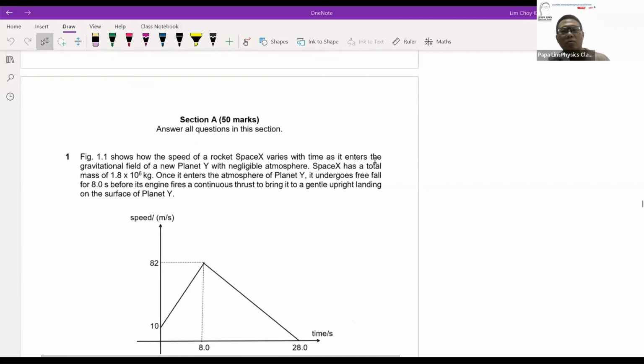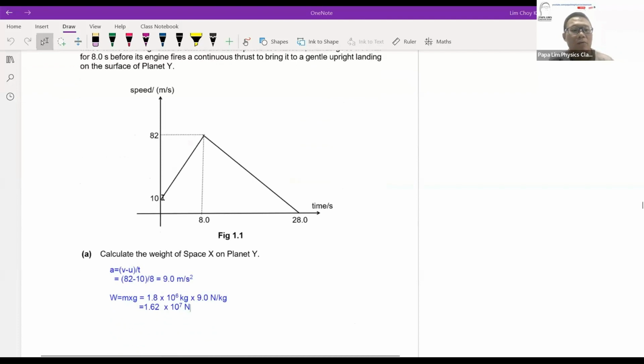Now, question 1 here, you have a particular rocket, SpaceX, landing on a planet Y. Take note, this is planet Y, not our usual Earth, where the gravitational field strength g is 10 Newton per kg. What we are looking at for part 1 is the weight, and we know that the formula for weight is weight equal to mg.